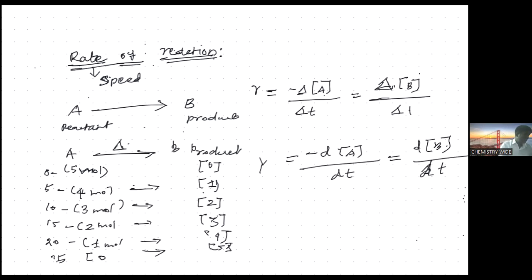If the rate of reaction decreases, its concentration also decreases. It is directly proportional: if the rate of reaction increases, concentration also increases. The rate of reaction decreases, concentration also decreases.